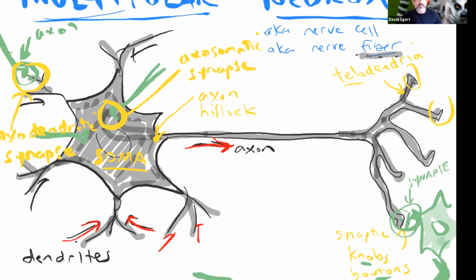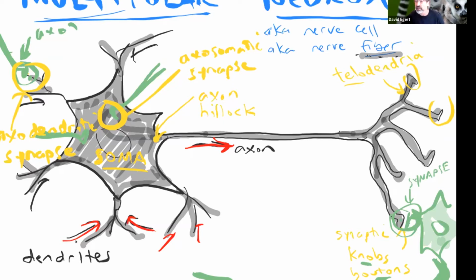And I've drawn this very simplified so it's not too crazy, but a neuron in your brain might have 100,000 connections with other neurons. So it can get really complicated.